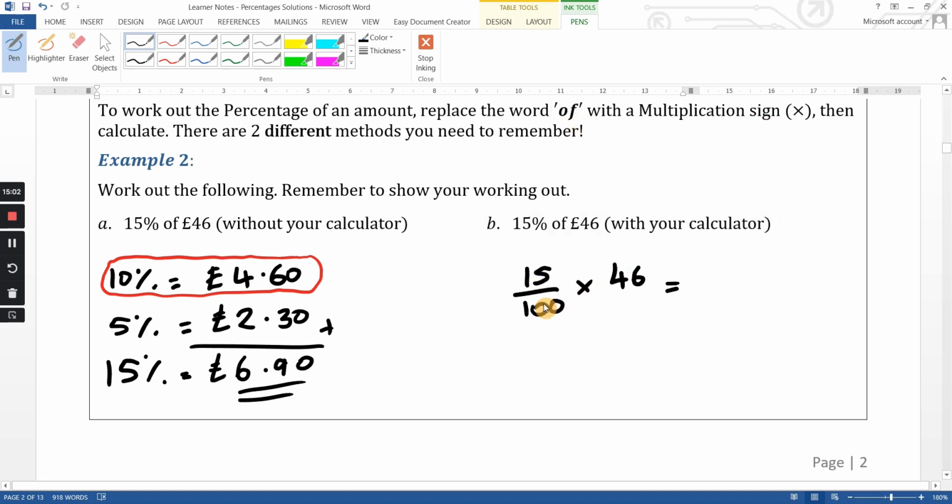Let's type that in the calculator, and you should get the same answer. And it is, on my calculator, it looks like that. But we know it's in pounds. And also, don't forget, you have to have that 0 on the end, otherwise you'd get marked down for that. Anything to do with money has to be to 2 decimal places.